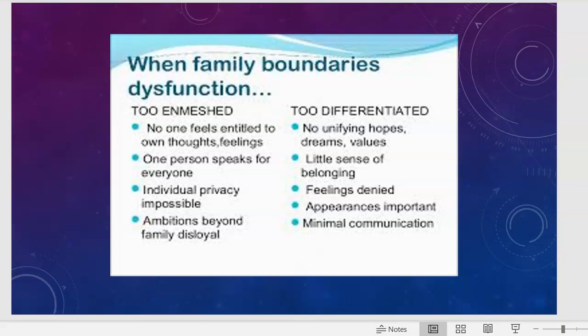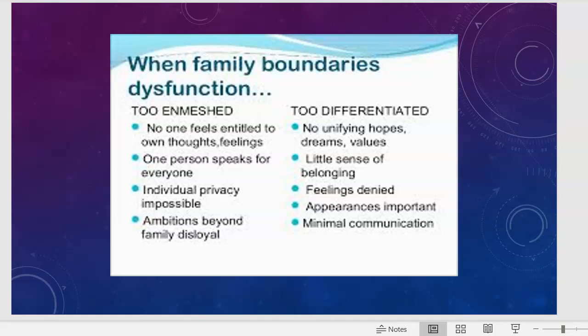When boundaries are too differentiated, meaning that they're too different and they're not unified, it means that there aren't any common hopes, dreams, or values within the family that would serve to make the family a more cohesive unit. There may be a very low sense of belonging to the family.